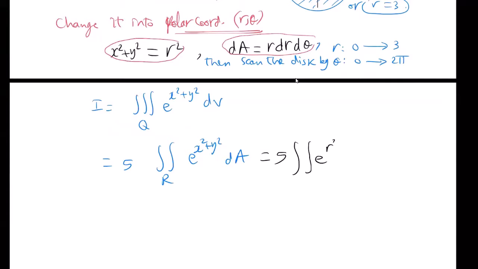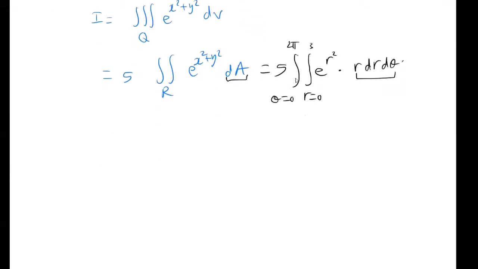So it's e to the r squared, and dA will be r dr d theta. This is very important. This is the dA in polar. What are the bounds of r? R from 0 to 3, theta from 0 to 2 pi.